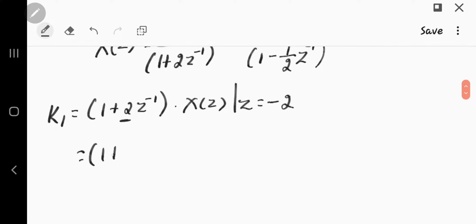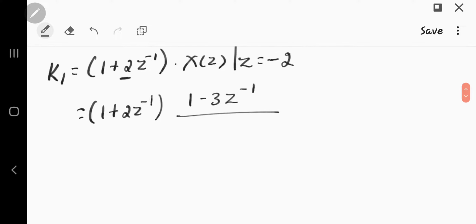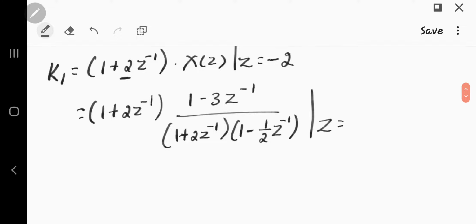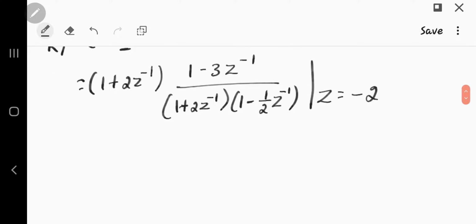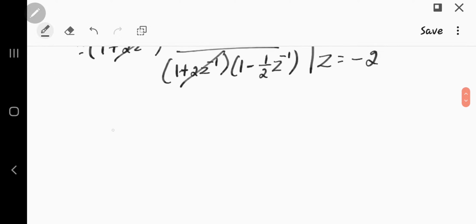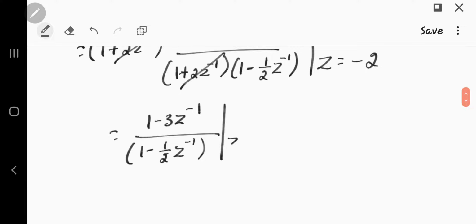If you substitute, (1 + 2z⁻¹) times X(z), where X(z) is (1 − 3z⁻¹) / ((1 + 2z⁻¹)(1 − (1/2)z⁻¹)). These two get cancelled and you will remain with (1 − 3z⁻¹) / (1 − (1/2)z⁻¹), where z takes the value −2.